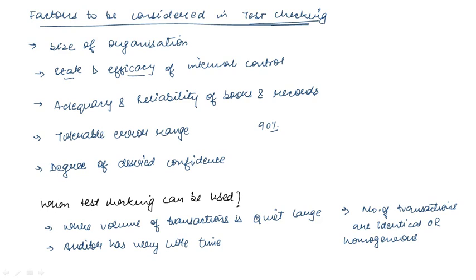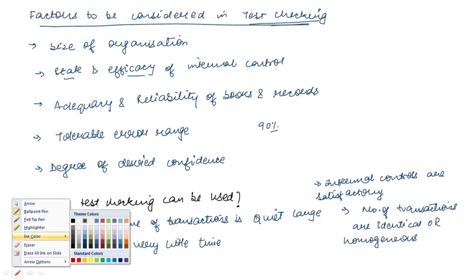And next is internal controls are satisfactory, whether they are manual or computerized. So in these situations, you can use test checking. Test checking will be considered appropriate. Right? Got it? Now moving on to next.